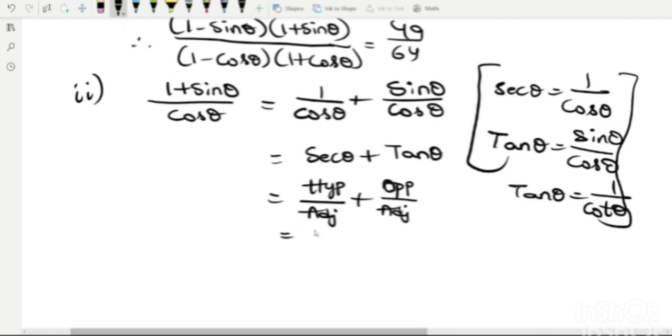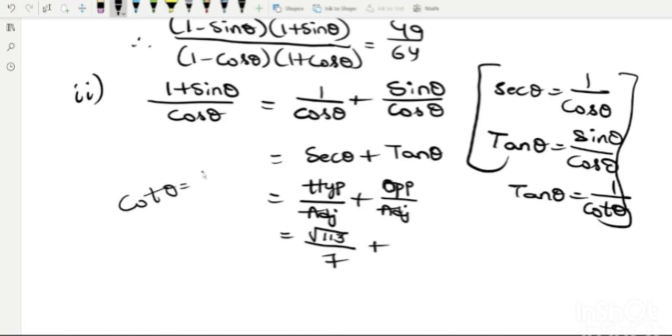Now we substitute the values here as root 113 divided by the value of the adjacent side, which is 7, plus tan theta, which is obviously the reverse of cot theta. We know that in the given question cot theta is 7 by 8, then tan theta would be the reciprocal of cot theta, which is 8 by 7.